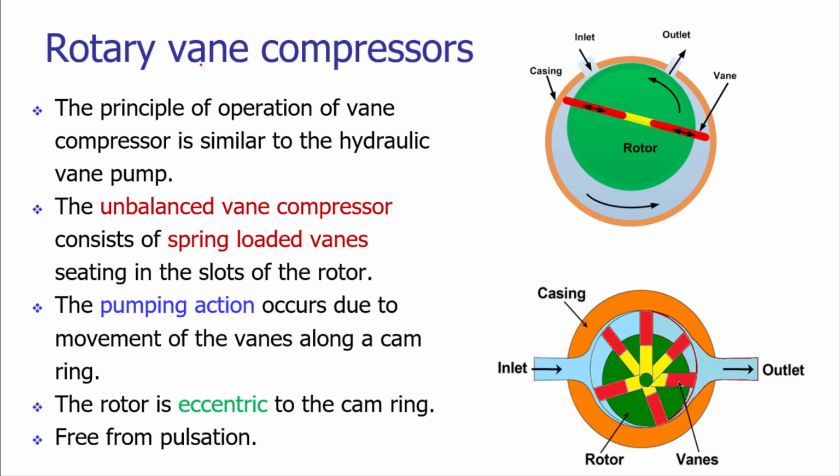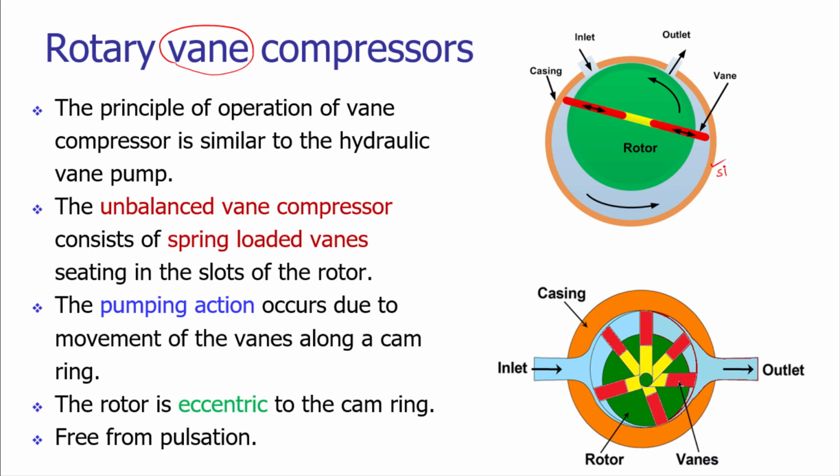We can utilize the vanes very similar to the vane pump which we have seen in our hydraulic pumps section. We can have slots in a rotor, and this rotor disc is eccentrically assembled with a stator container.